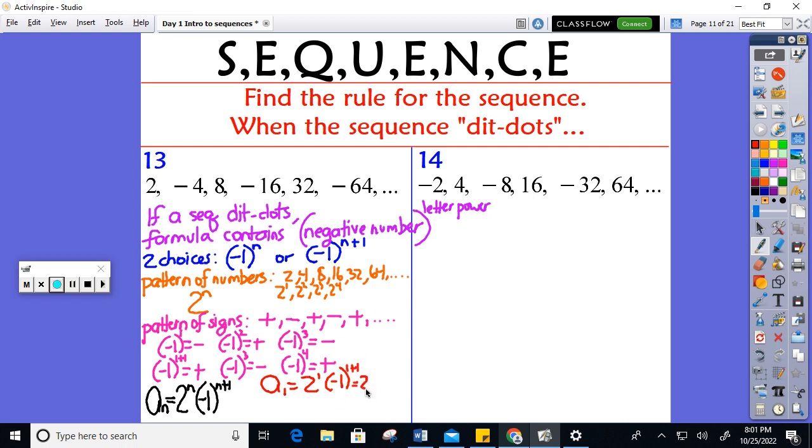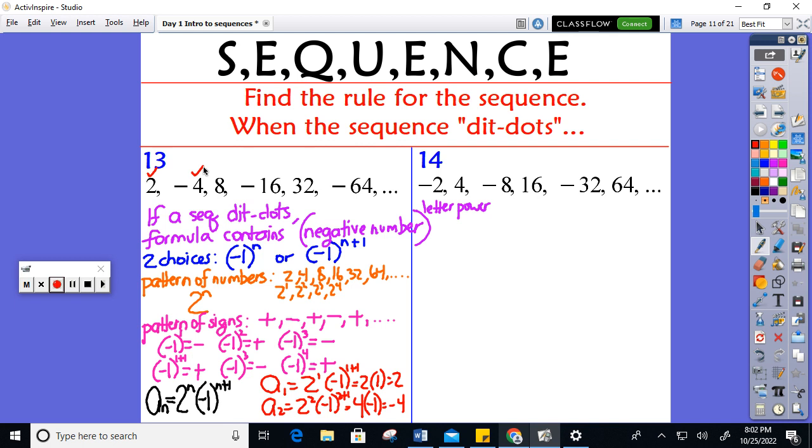That is 2 times -1 squared, which is 2. That's correct. A sub 2 equals 2 to the second times -1 to the 2 plus 1. That's 4 times -1 to the third, which is -1. That's -4. That's correct. I've got it.